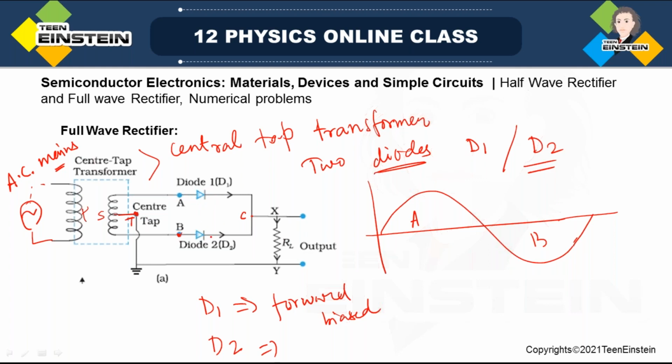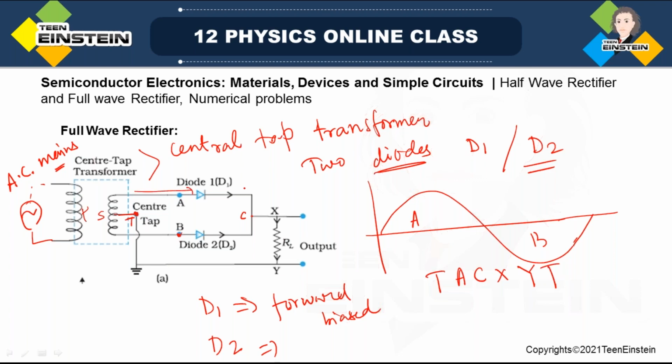Look, I'll tell you the path. See, it will start from the top T to A to C, the common point, and then X, then through RL it will go to Y, and from Y again to the center tap.